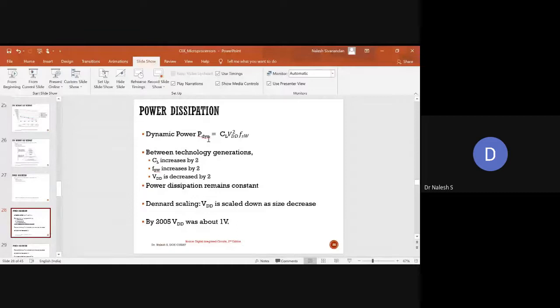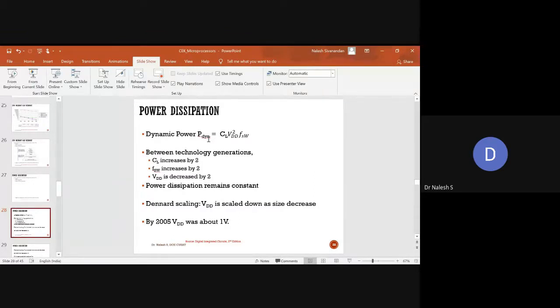For example, you have 100 transistors operating at 100 megahertz. You go to the next, you have 200 transistors operating at 200 megahertz. But because the power supply has been reduced, the power dissipation remains the same.